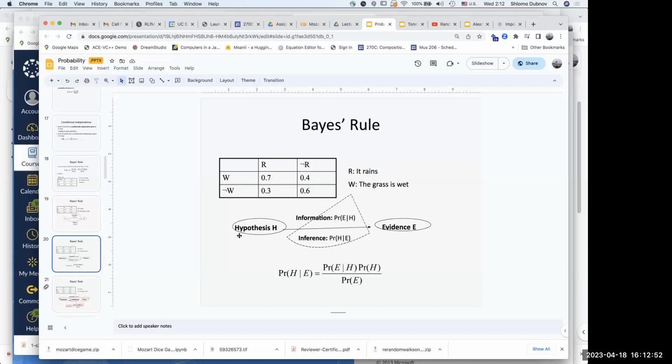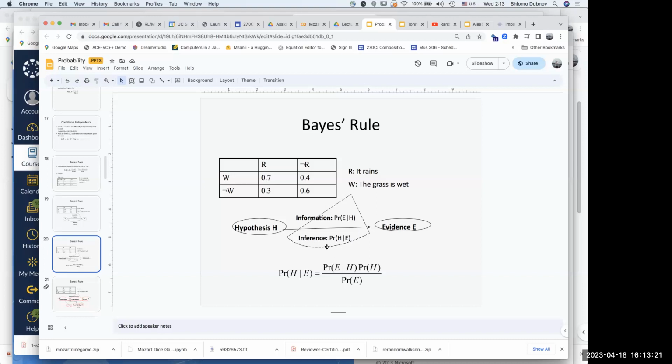Usually we formulate this as a hypothesis, that there was an underlying cause, and we see the outcome, which we call the evidence. Many times we talk about the probability of this evidence given the cause, as information that passes from hypothesis to evidence. But if you want to go back and infer the hypothesis given the evidence, we call this inference.